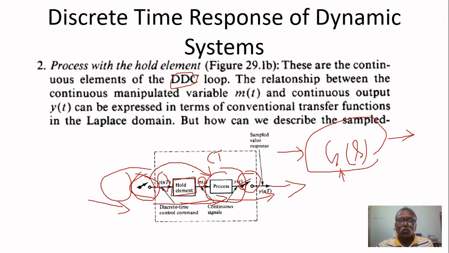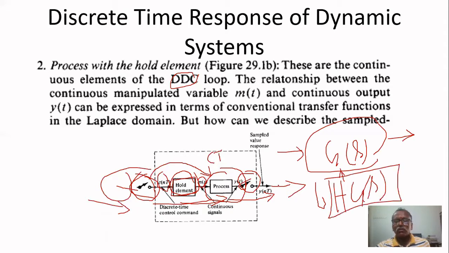A hold circuit is introduced before this process, and the discrete input is given to the hold circuit, which converts the discrete into continuous. Therefore, in the discrete domain, we cannot see G of S alone. Along with G of S, a hold circuit will always be there. That's why while finding the discrete time system, we should always consider the hold circuit.